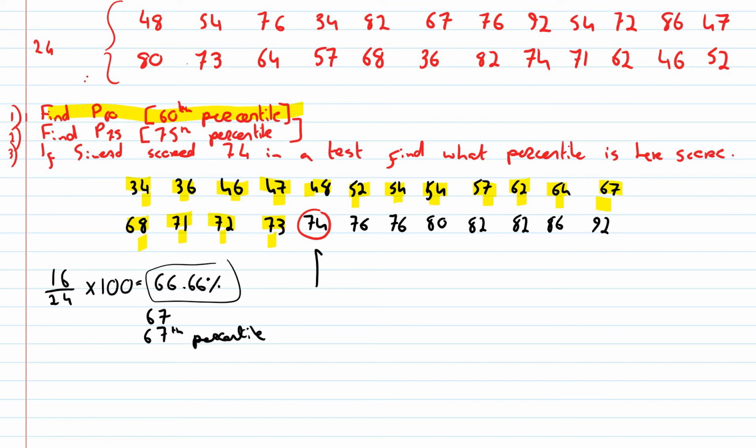So basically if she scored this 74, she would have scored better than 67% of the people doing the test. Therefore she'd be in the 67th percentile. Okay, thanks.